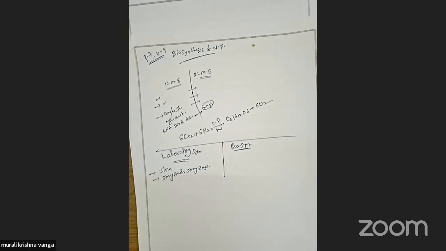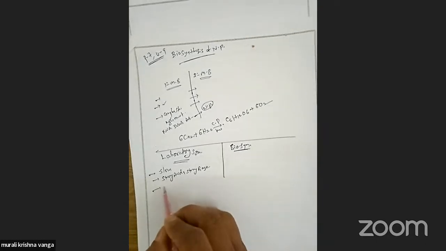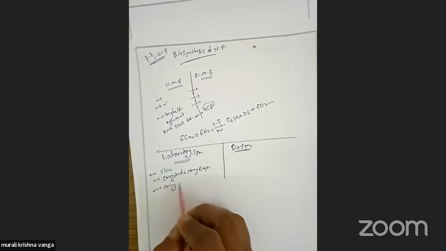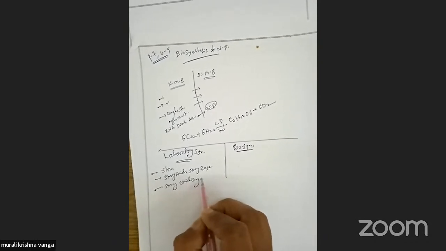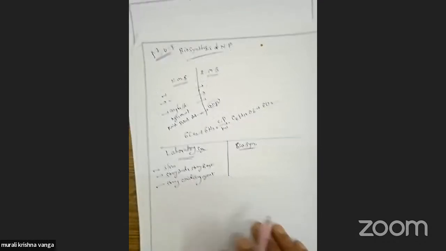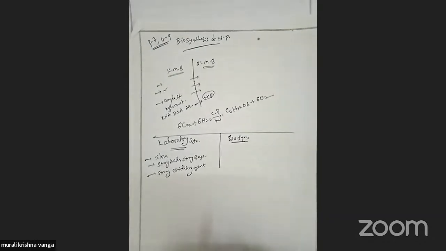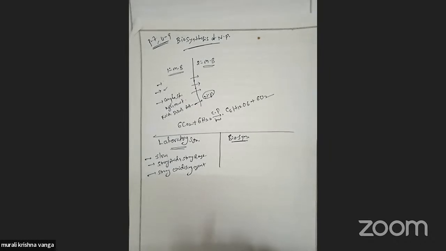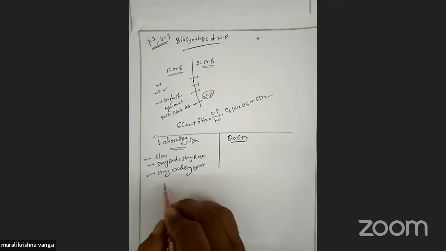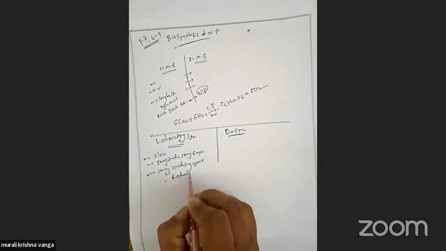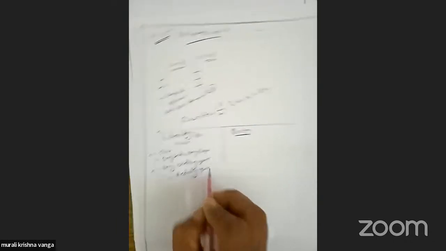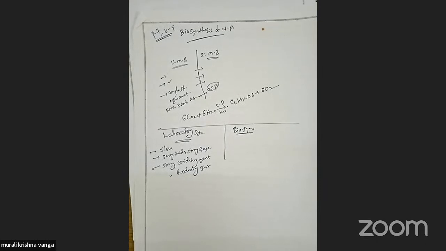Laboratory synthesis employs strong oxidizing agents like KMnO4, K2Cr2O7, and strong reducing agents like LiAlH4 and NaBH4.